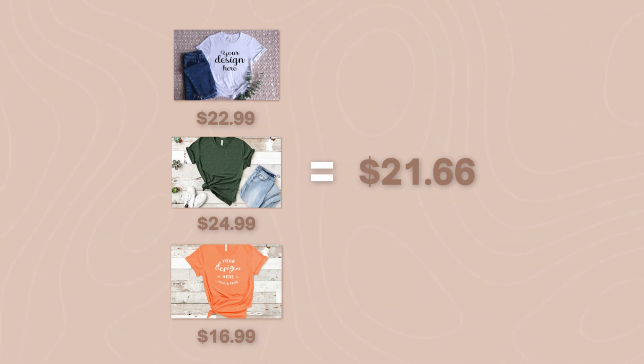So $21.66 rounded up. Now this is just an example, not to say that's exactly what the Bella & Canvas 3001 is right now. But if I were getting the average market value, that is what I would put together in order to see what the average market value is.